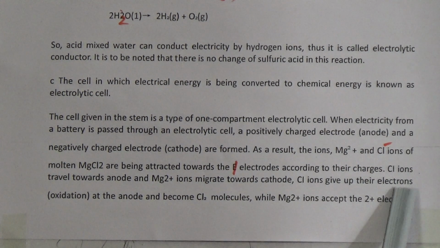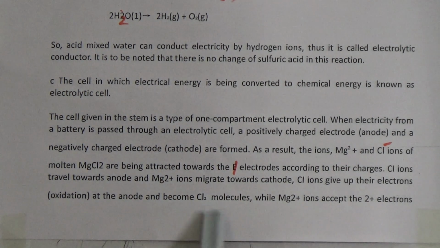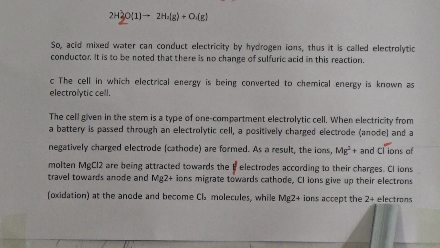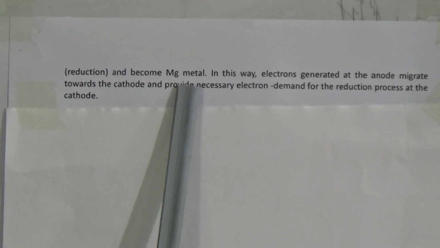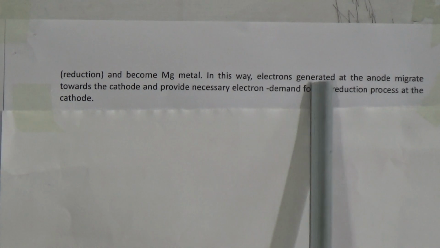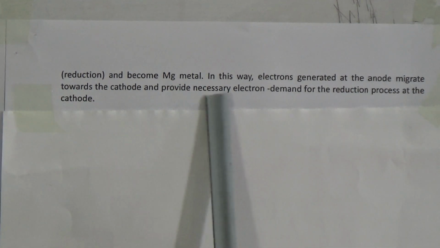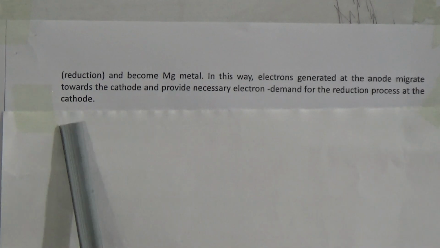Chloride ions give up their electrons, and we know that giving up electrons is oxidation, at the anode, and become chlorine molecules, while magnesium ions accept 2 electrons, that means accepting electrons is reduction, and become magnesium metal. In this way the electrons generated at the anode migrate towards the cathode and provide the necessary electrons demanded for the reduction process at the cathode.